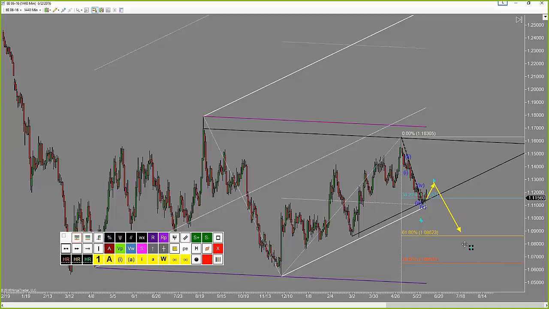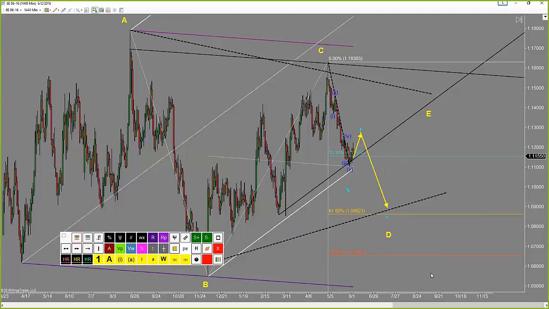So that would put us in the big D wave, B, C, D, and then the triangle E, which would give us one gigantic triangle. And then we finish the bull market in the dollar, which will probably be at the end of the year, maybe next spring.